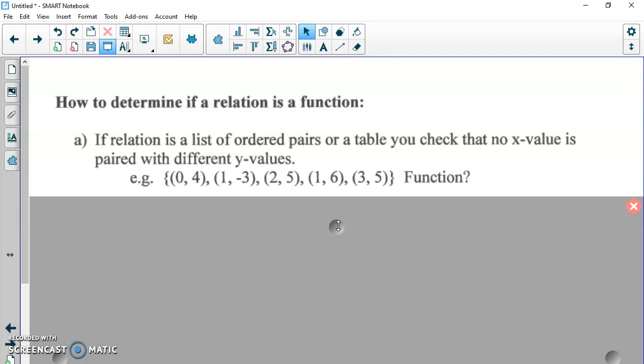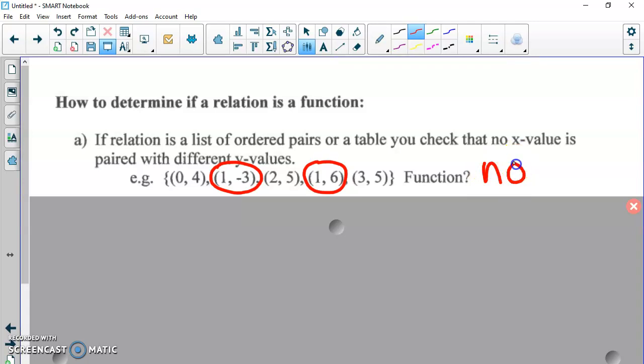Is there a repeat in any of your input variables? If you said yes, you are correct. We have the input 1 in 2 ordered pairs, so this would be no. And you would just circle your 2 repeated inputs there.